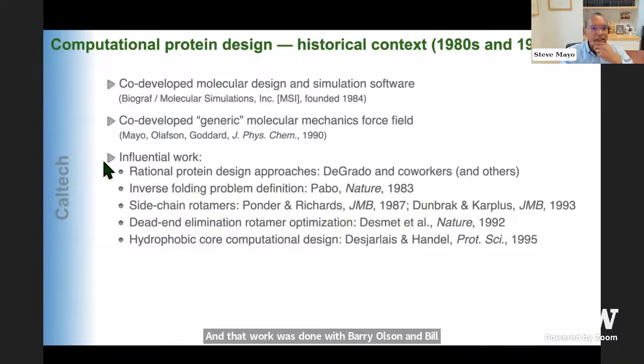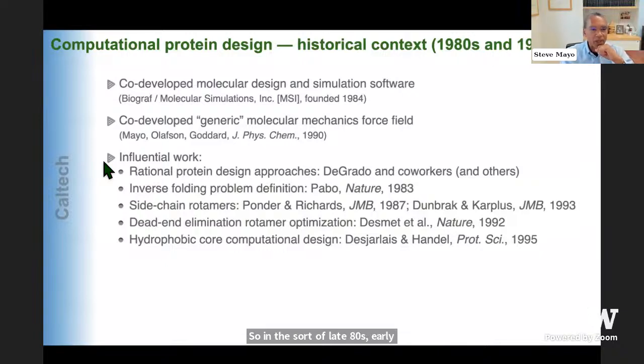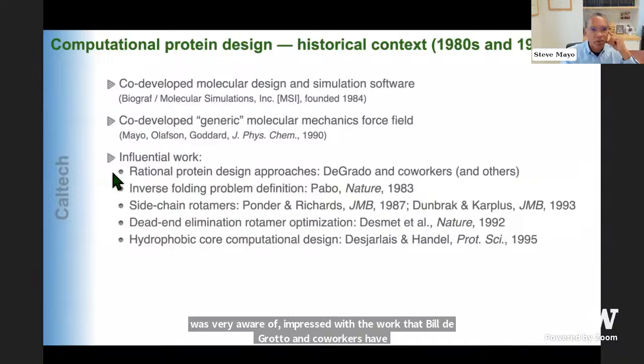So in the late 80s, early 90s, as I was thinking about what I would do as an assistant professor, I was very aware of, and impressed with, the work that Bill DeGrado and coworkers were doing, as we just saw, really impressive stuff.